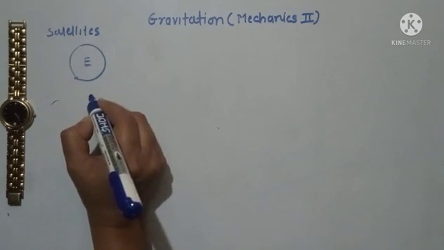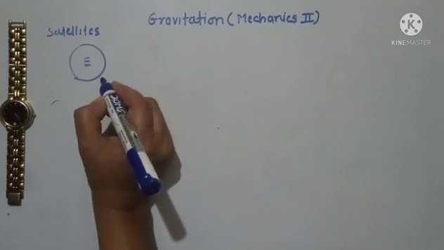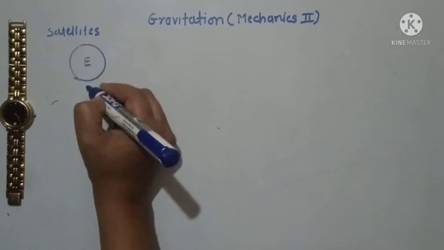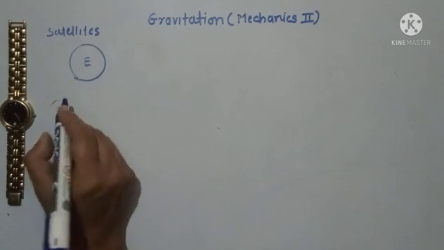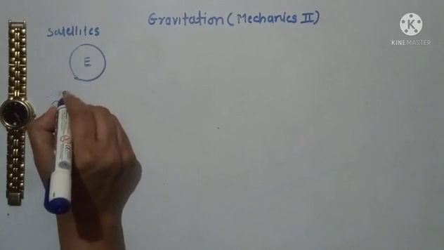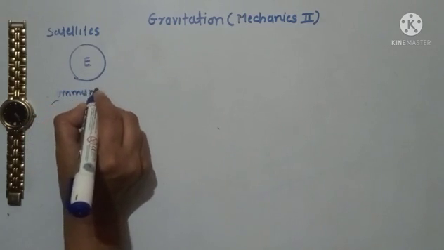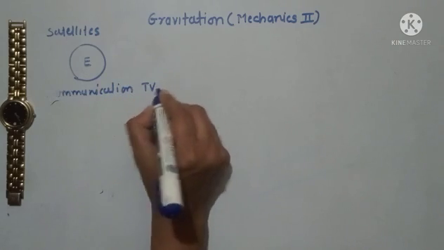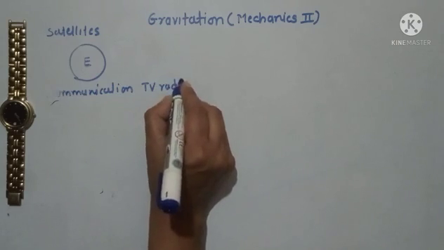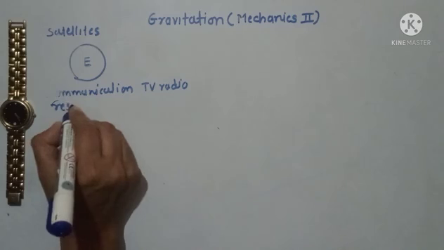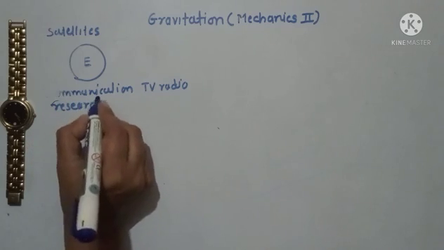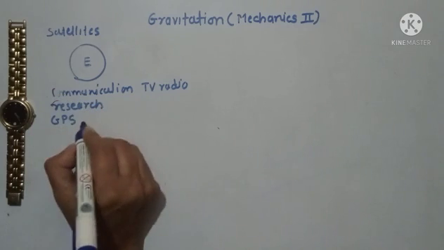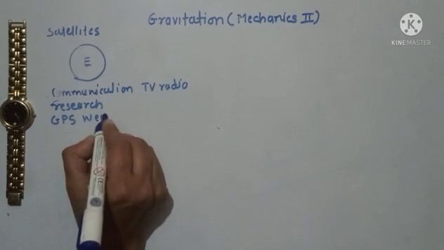Now this is the Earth, and there are certain satellites which are made to revolve around the Earth in a circular orbit for different purposes, like communication, such as TV and radio, for research purposes, GPS systems, and weather forecasting.